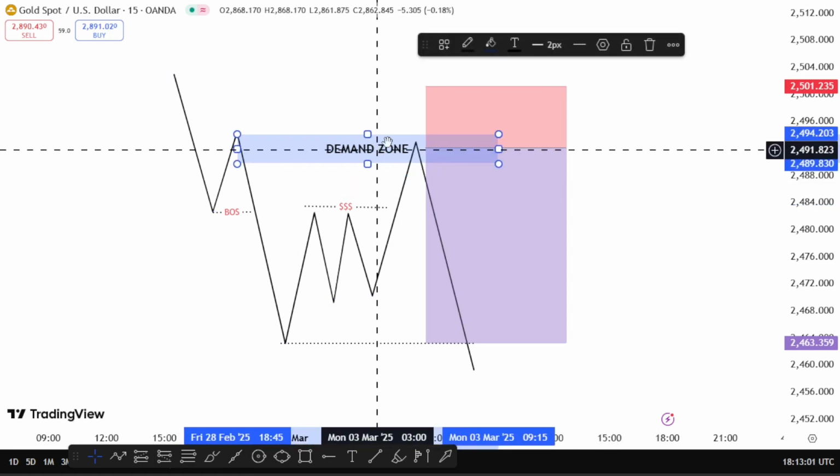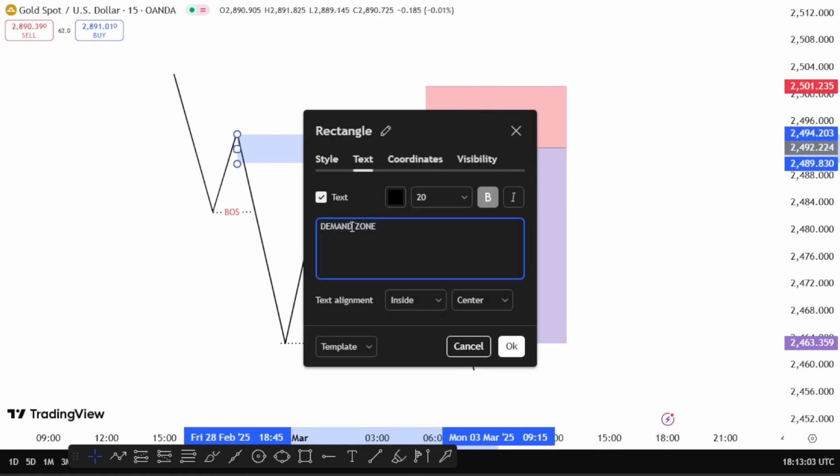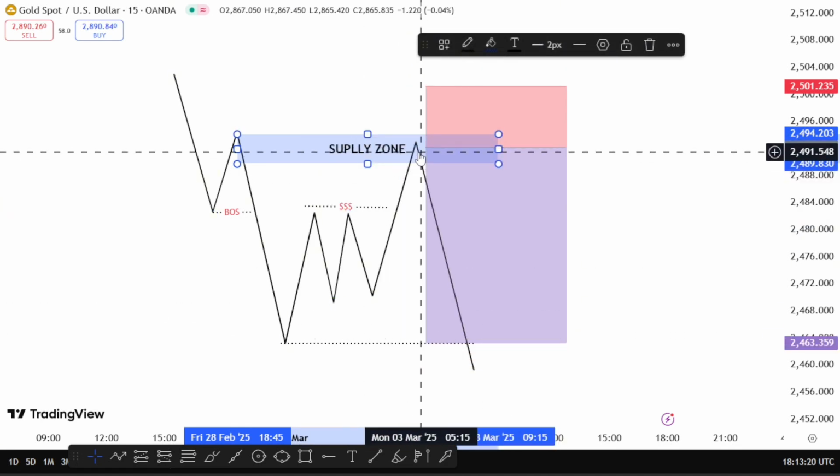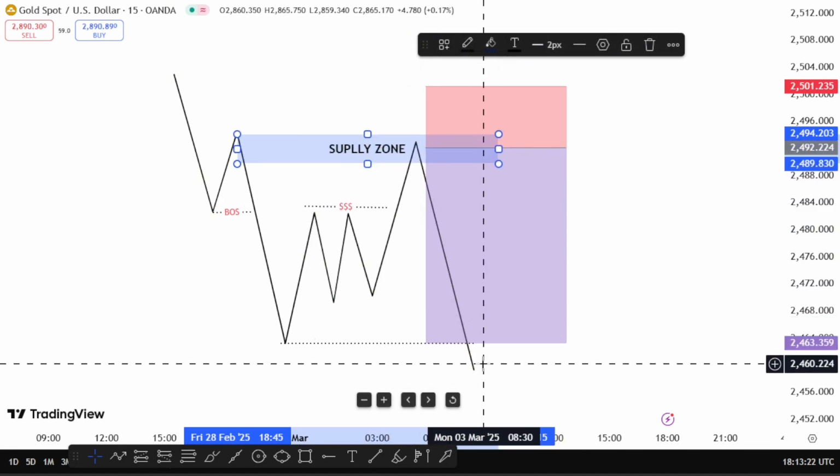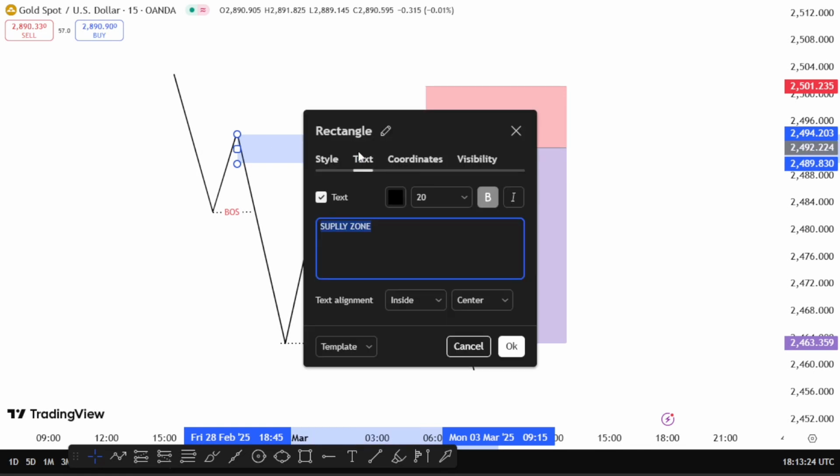So let me just go ahead and edit that. So that's the supply zone. The market goes to that area and then drops to the downside.